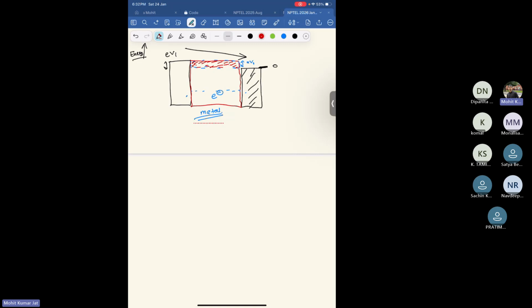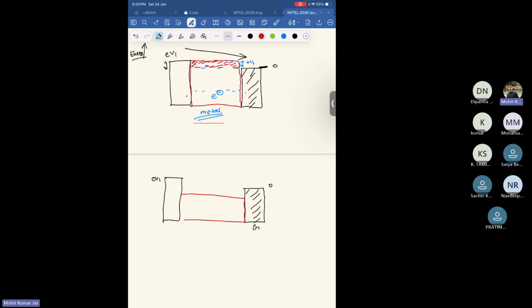But if I draw it for an insulator, the picture will be, this is EV1, similarly 0, this is your ground potential, and in your insulator you have a band gap here.